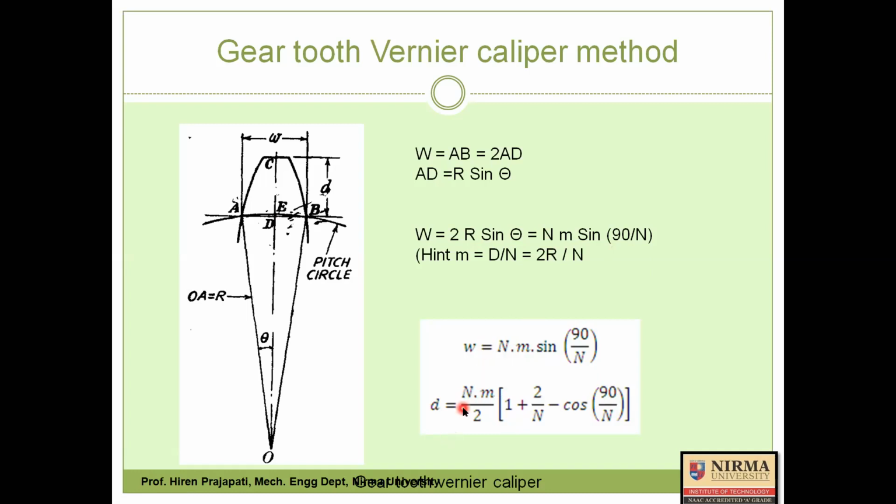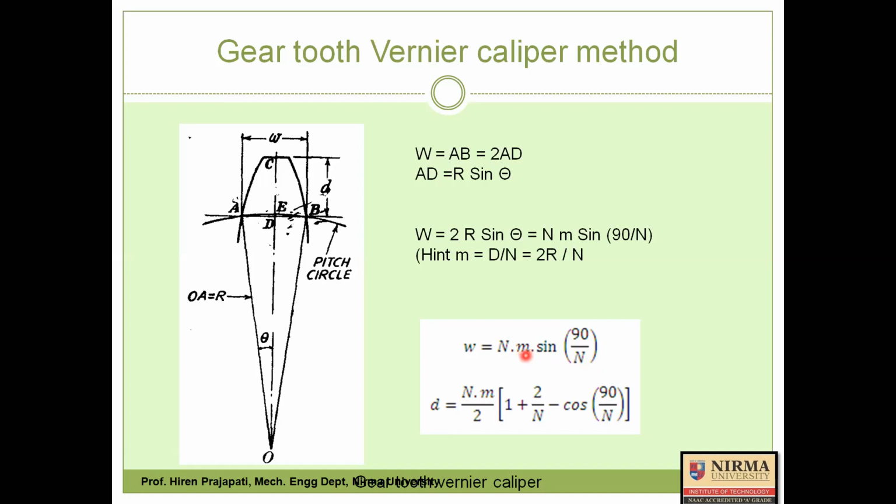Now what we need to do? Now we need to use the gear tooth vernier caliper. Here you can easily count the number of teeth on any gear wheel. So count the number of teeth on any gear wheel and put it in this equation. You know the module of the gear wheel, because during the design of a particular gear wheel we have selected some module.